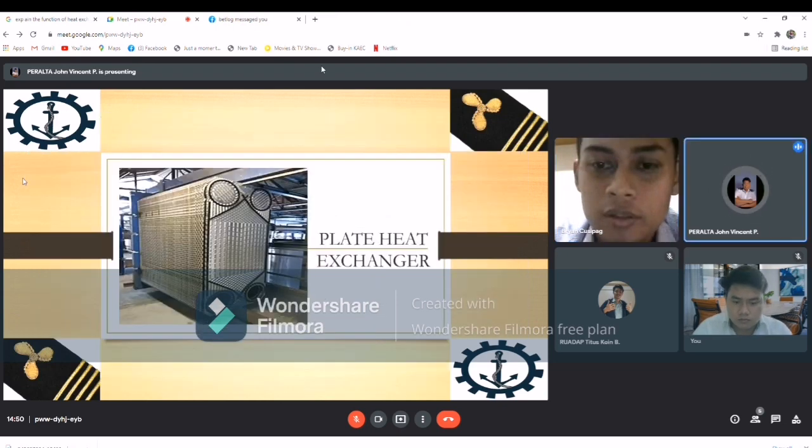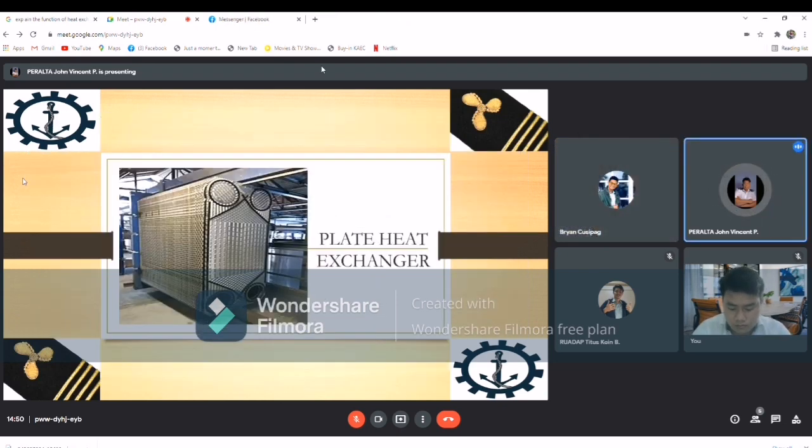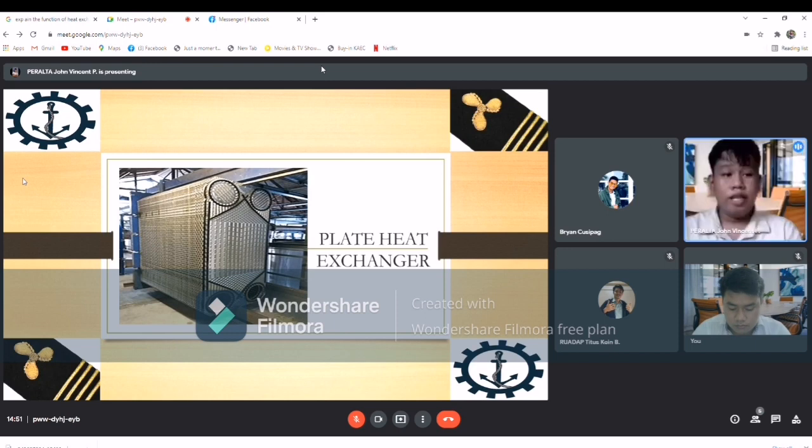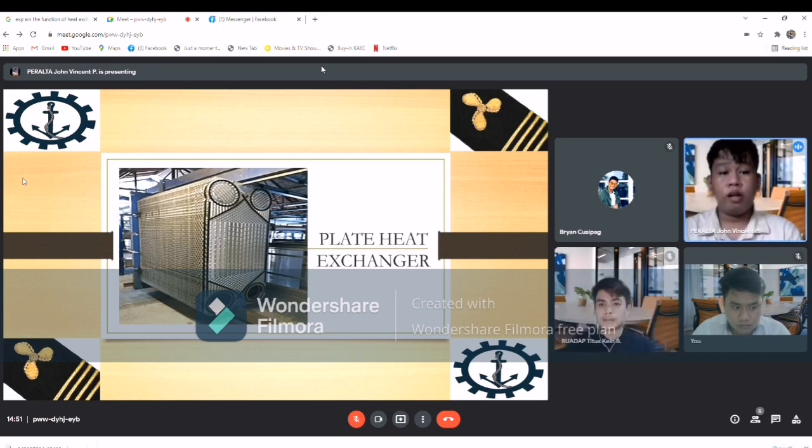Sir, our next type of heat exchanger is the plate heat exchanger. It is a type of heat exchanger that uses metal plates to transfer heat between two fluids. This has a major advantage over a conventional heat exchanger in that the fluids are exposed to a much larger surface area because the fluids are spread out over the plates.